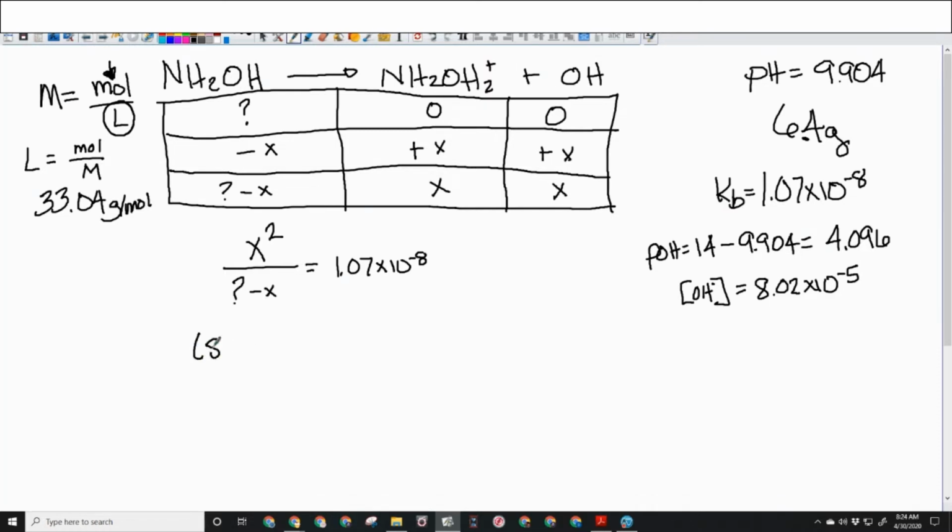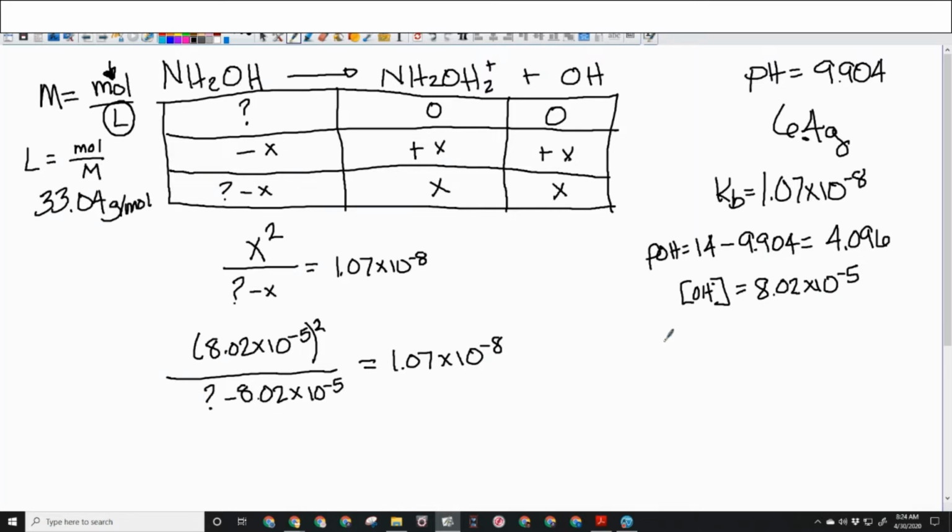So this is going to be 8.02 times 10 to the negative 5th squared, because it's x times x, over question mark minus 8.02 times 10 to the negative 5th is equal to 1.07 times 10 to the negative 8.